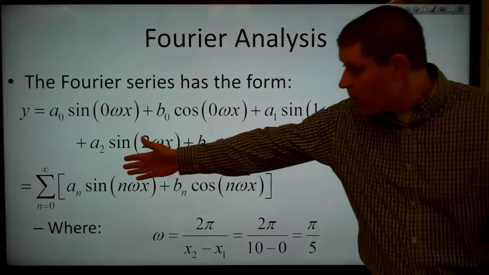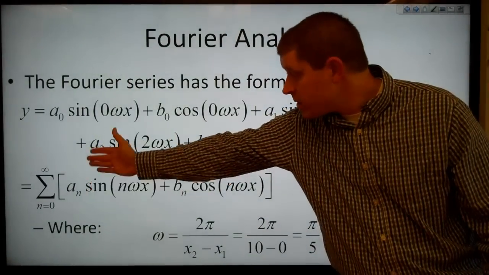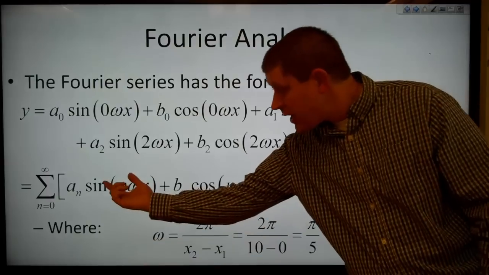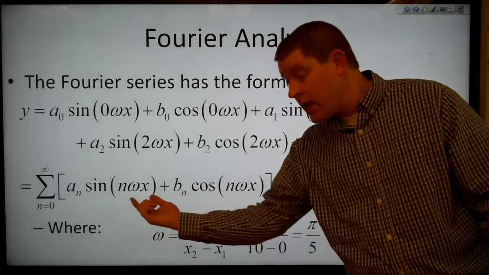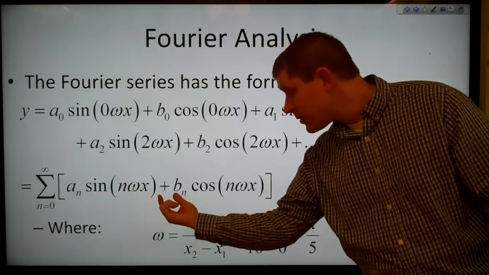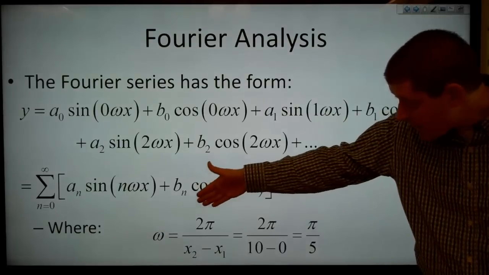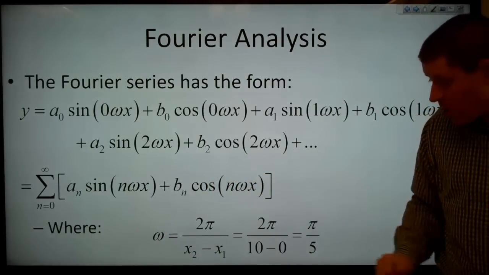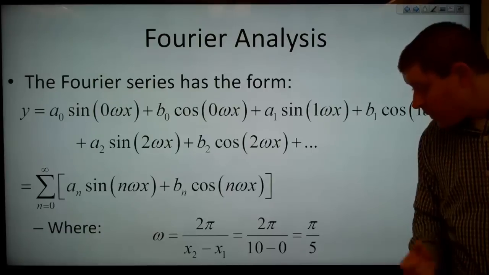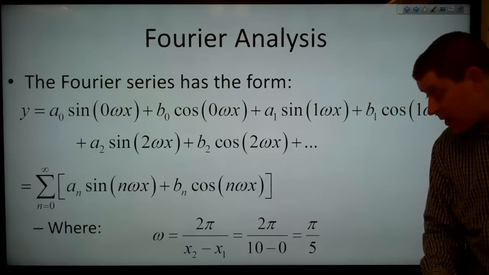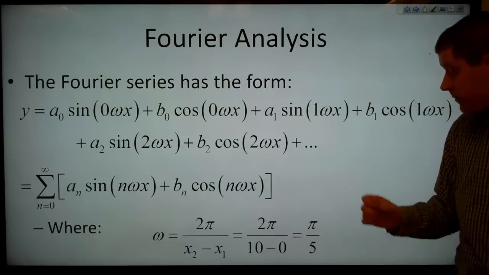And that means that now we can write a sum from n equals 0 up to infinity of an sine n omega x plus bn cosine n omega x, where omega is equal to 2 pi over x2 minus x1, which in this case is 2 pi over 10 minus 0, which is pi over 5.